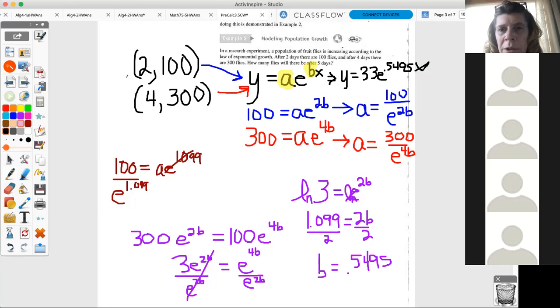Okay, so how many flies will there be after 5 days? What do we do to find that? Plug 5 for x. Yep, we're going to put 5 in right here. We're going to take 0.5495 times 5, which is 2.7475. I'm going to take e to that 2.7475 power, multiply it by 33, and that's going to give me my approximate number of flies.